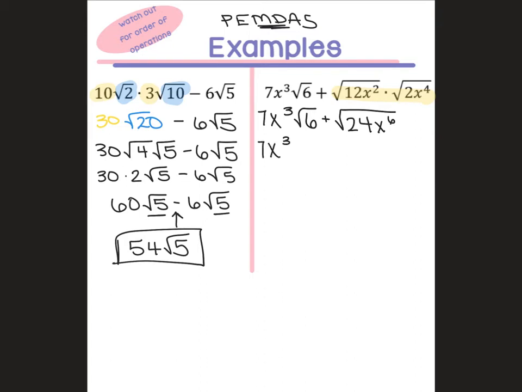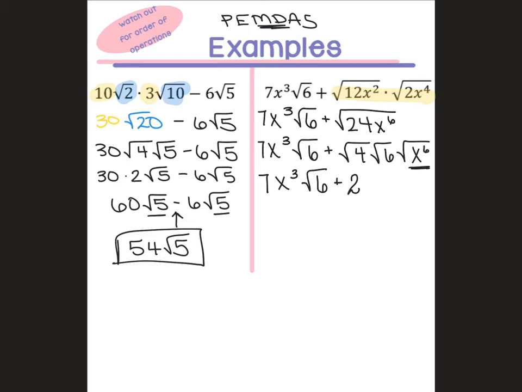I would want to rewrite and simplify this, so 24 is really 4 times 6. And x to the sixth is already written as even, so I can just leave that alone. Square root of 4 is 2.